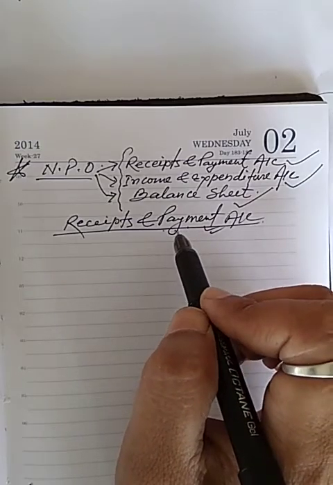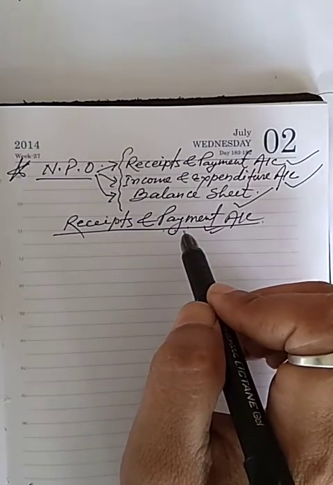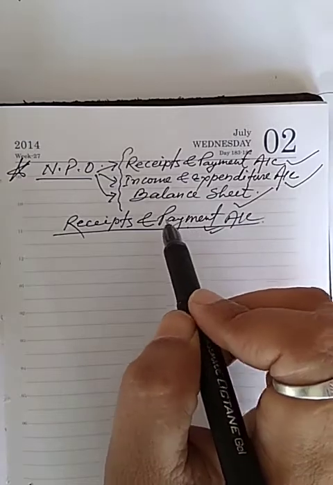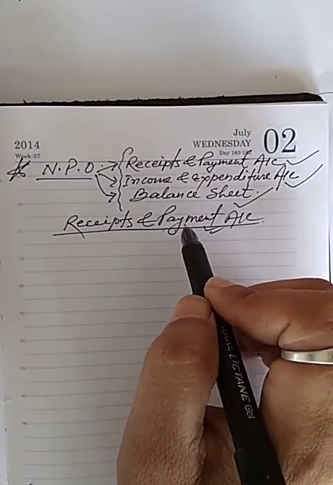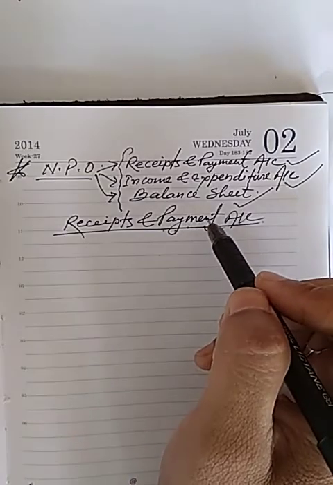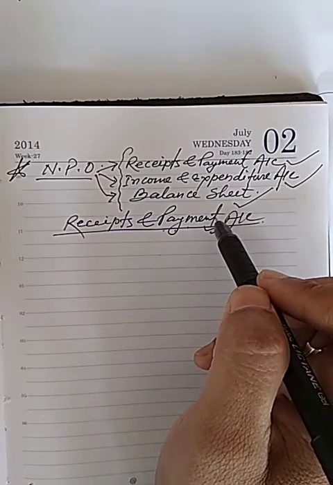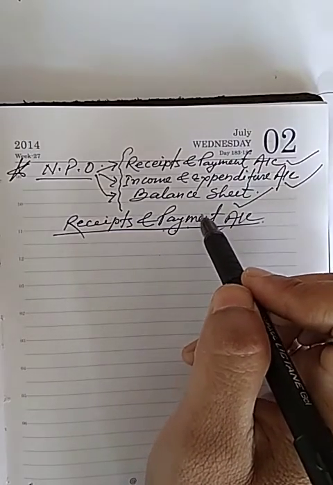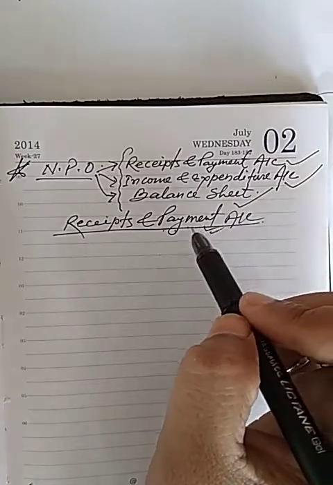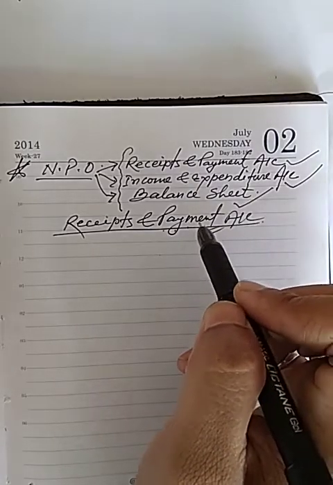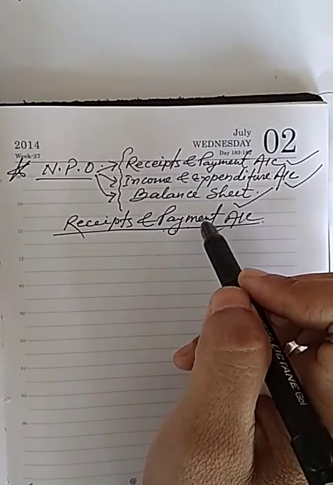It is the form of account most commonly adopted by the treasurer of societies, clubs, associations, etc. when preparing the result of the year's working.